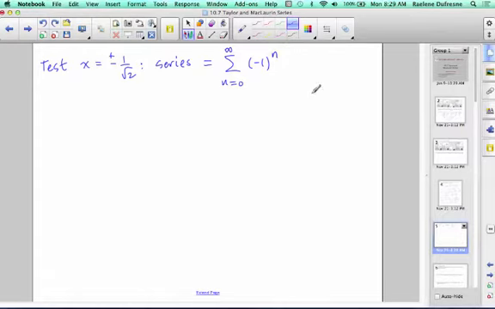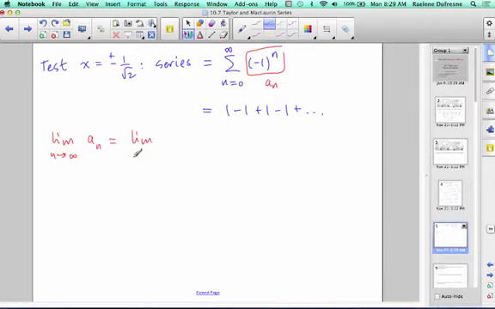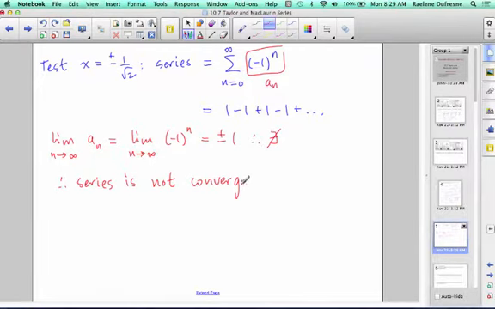And this is going to be a series 1 minus 1 plus 1 minus 1 plus ... But since we know that a_n does not approach one constant value as n approaches infinity, we have that the limit does not exist, and therefore the series is not convergent. And so we do not include x at the endpoints.